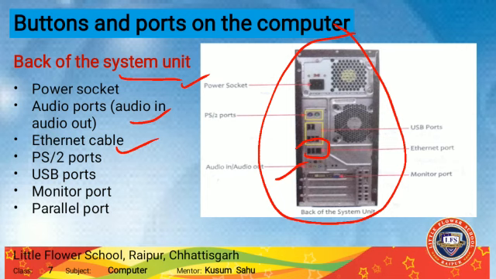Now next, PS2 ports. Here you can see PS2 ports. These ports are generally used for connecting a mouse and keyboard to the computer. Now next is USB ports. Here you can see USB ports.